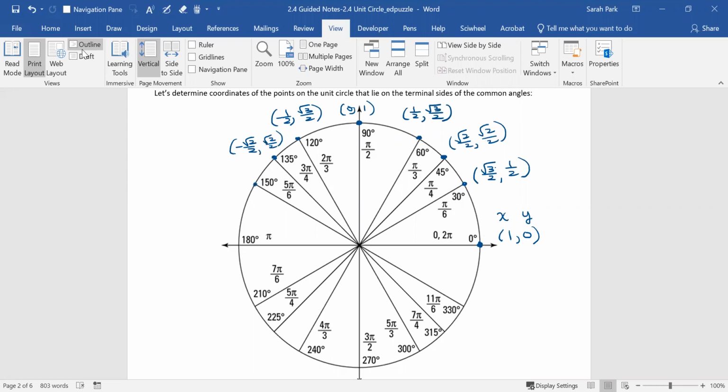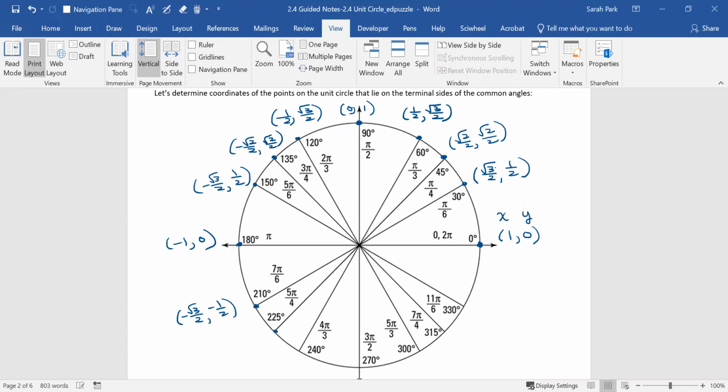At 150 degrees or 5 pi over 6, you have negative root 3 over 2 and positive 1/2. Now at 180 or pi radians, the x value is negative 1, the y value is 0. At 210 or 7 pi over 6, now we're on the negative x values and negative y values. So we have negative root 3 over 2 and negative 1/2.